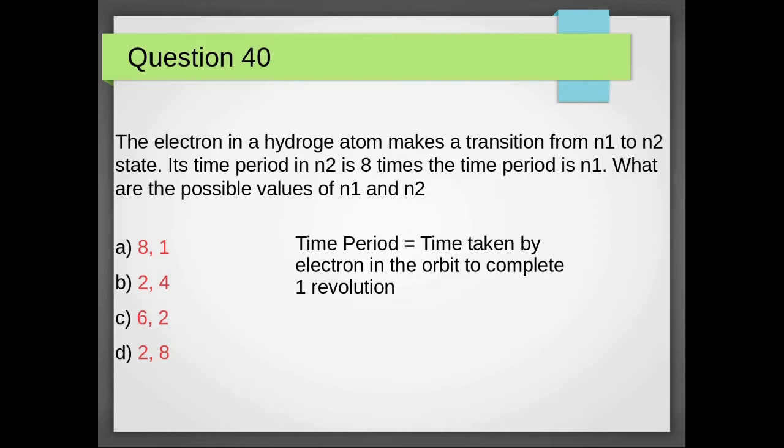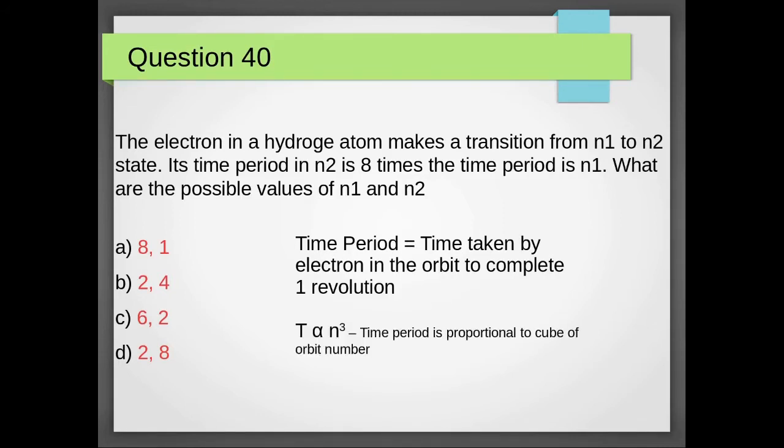With just that information, you can eliminate options A and C, because in those options the value of N1 is 8 and 6, which is greater than the subsequent values 1 and 2 given for those options. That leaves us with options B and D.